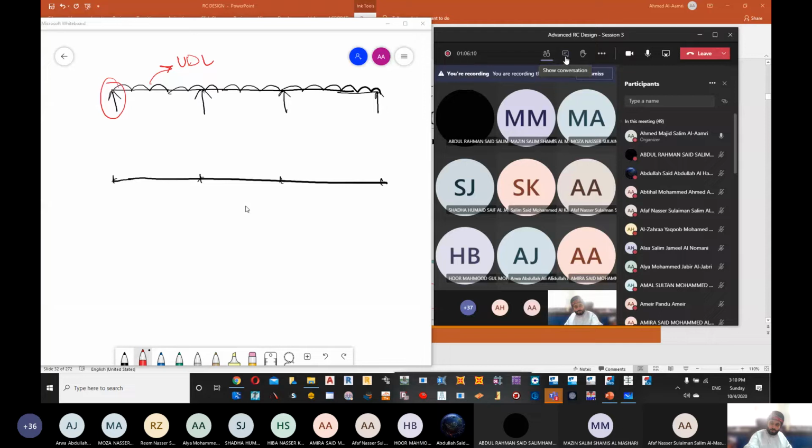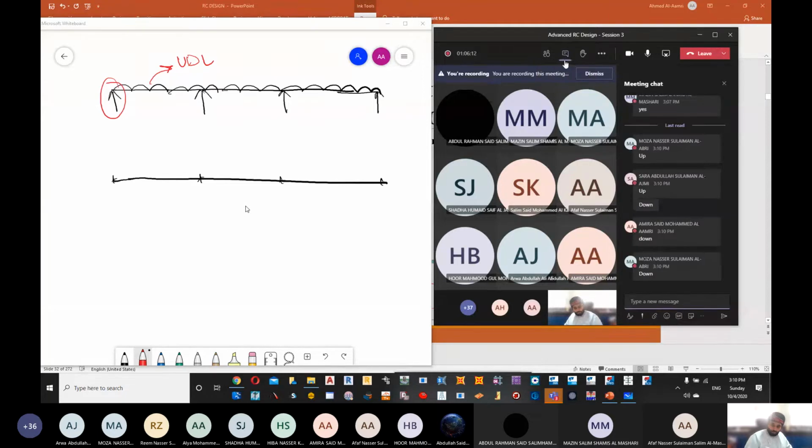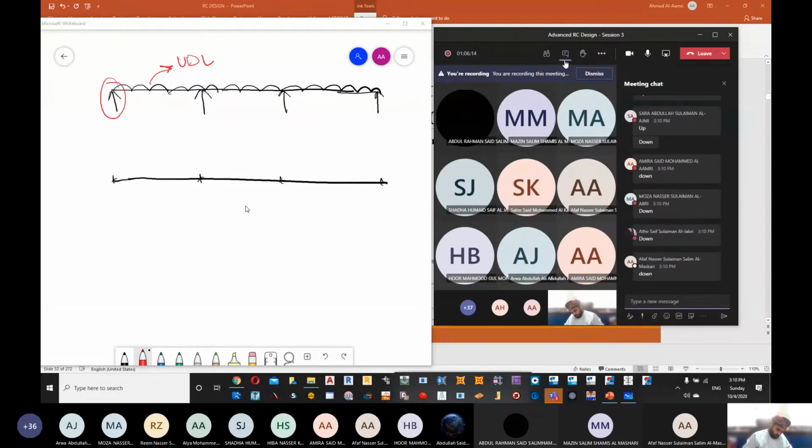Okay. So now if we go and see, when I try to draw the shear force diagram, because of the reaction here, I'm going to go up. Now because of the UDL, I'll keep on reducing because it's going down. So down, down, down, down.